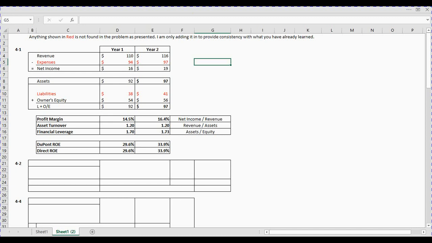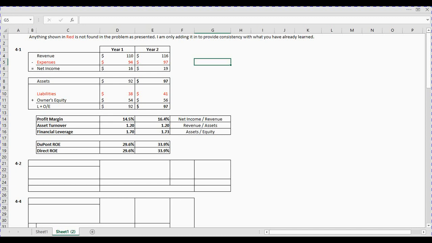So as an example, in the first problem, they just give you revenue and net income. So I backed into what the expenses would be to create kind of a little miniature income statement there. They only gave you certain information from the balance sheet. I added to that by incorporating liabilities. And so from that, you can look at it and see it looks a little bit more like a balance sheet where A equals L plus OE, and then it balances.